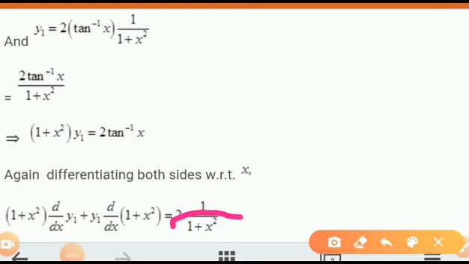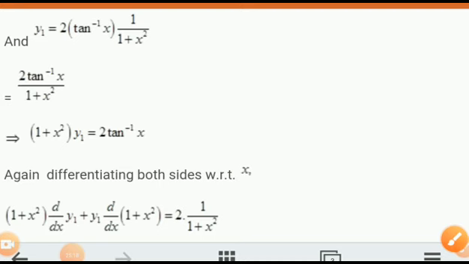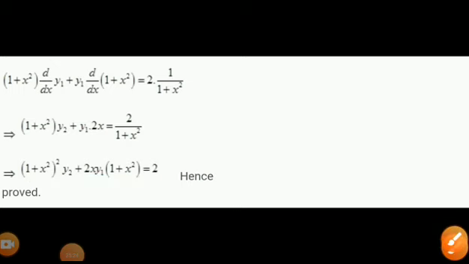Again I had a denominator. Whenever you have a denominator, we don't need anything in the denominator, so what to do? You multiply it throughout, so that it will be cancelled, and hence we will get the required answer. Just go through it and see whether the questions are understood or not. Okay, thank you.